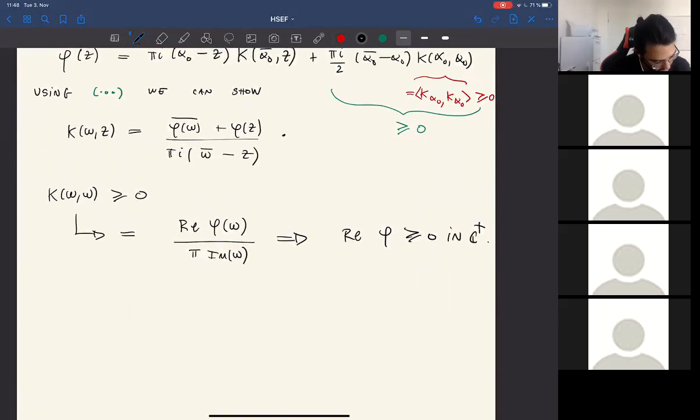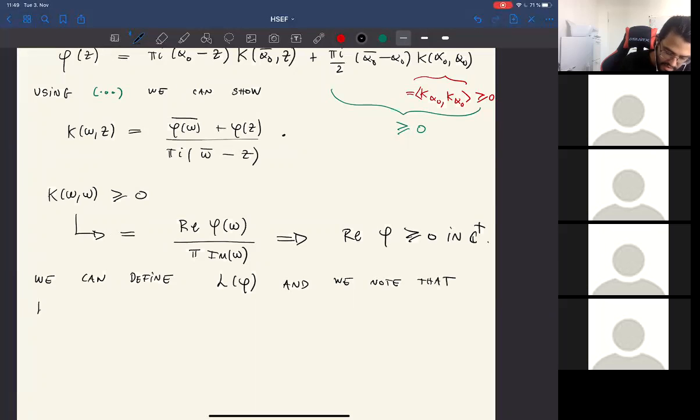Now we have to finish. How do we finish? So now we can define L phi nicely, and we note that L phi and L have the same kernel.